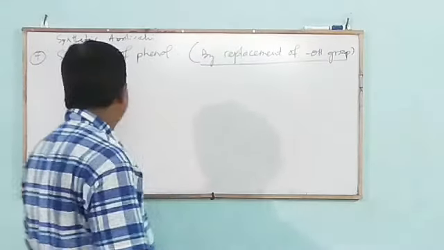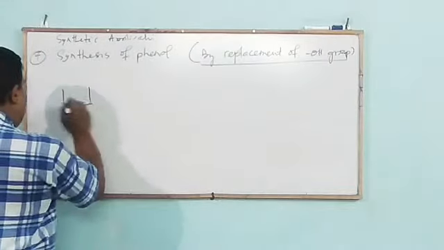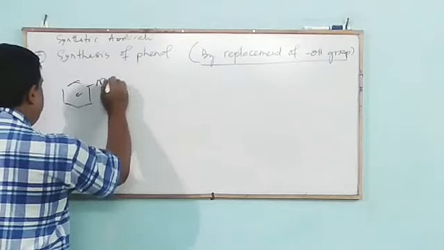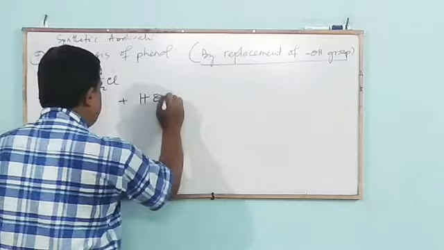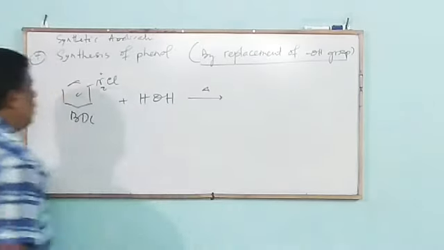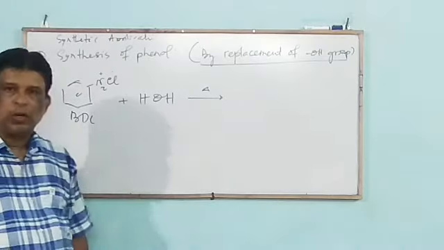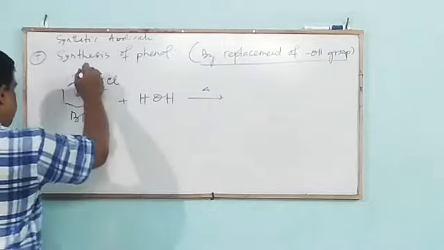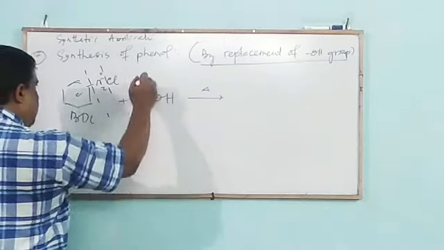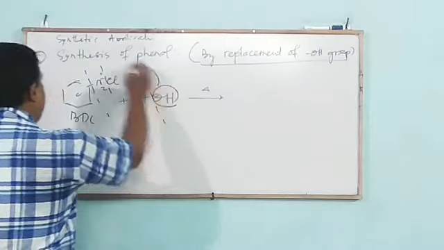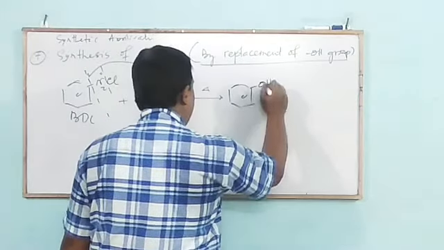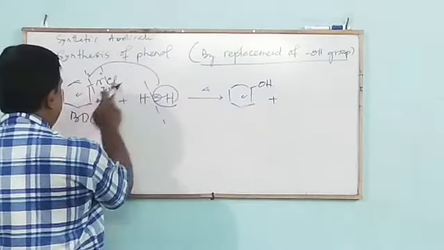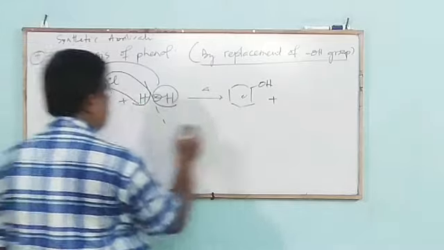Mark that. When benzene diazonium chloride undergoes hydrolysis, mark that, this bond breaks, the OH part transfers to here to form phenol plus N2 plus HCl.